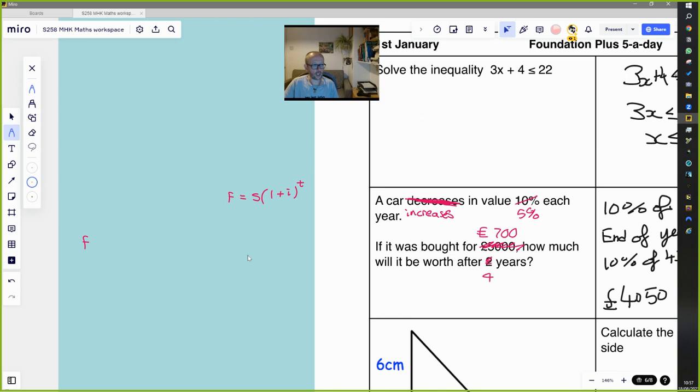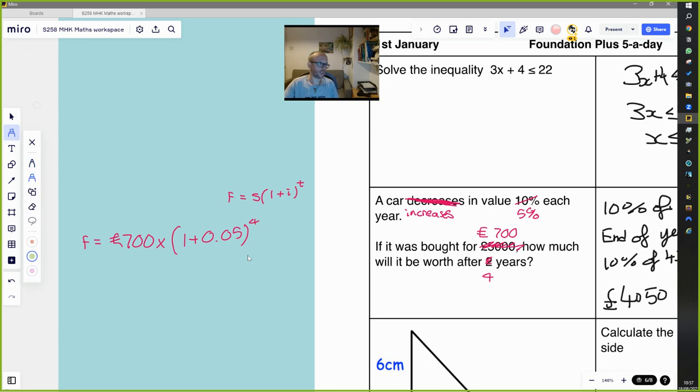Well, we say the final amount is going to be equal to the initial amount, the starting amount, which is 700. And then we multiply that by 1 plus, and we do plus it this time because it's a positive percentage, 0.05. And then to the power of 4.